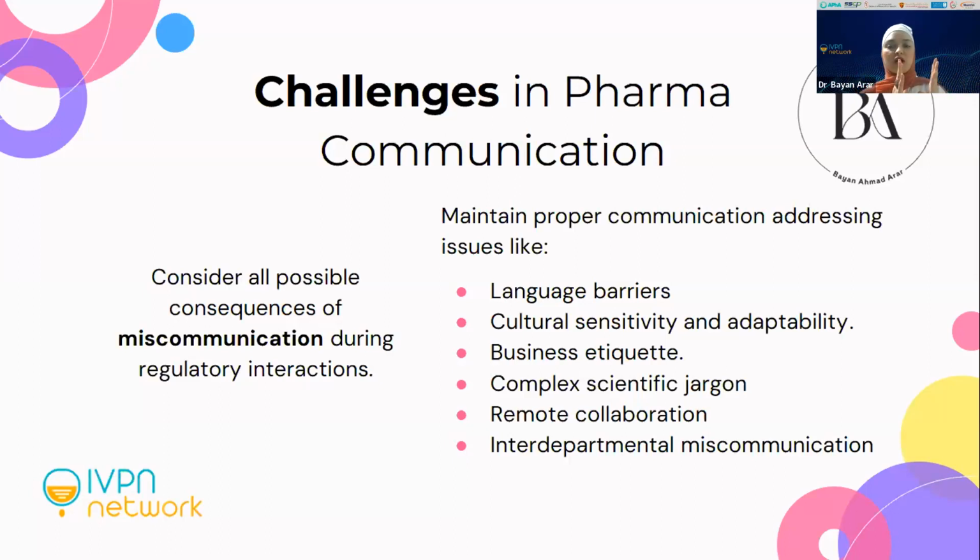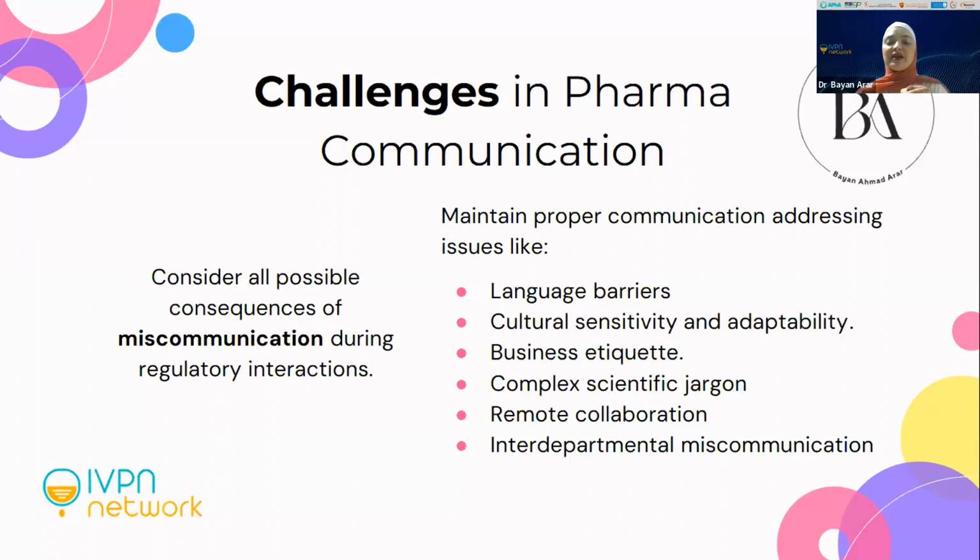So in order to maintain proper communication, we need to address issues like language barriers. Maybe people are not getting the idea because they are not understanding what we are saying. We have cultural barriers. We need to consider, for example, business etiquette when we're communicating with people.